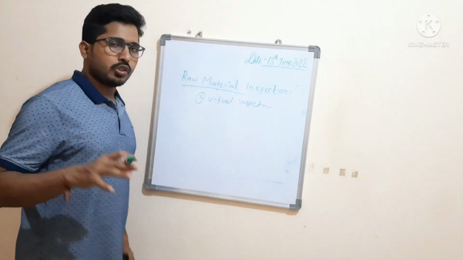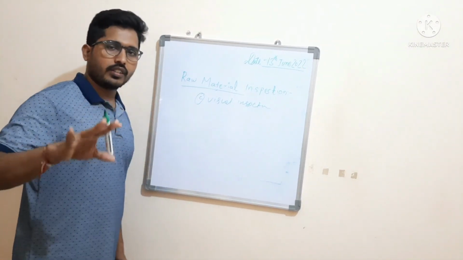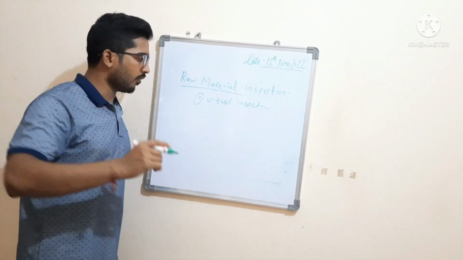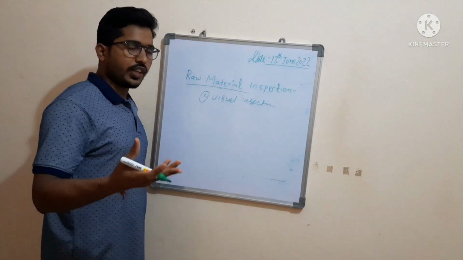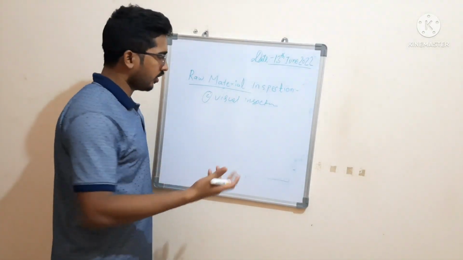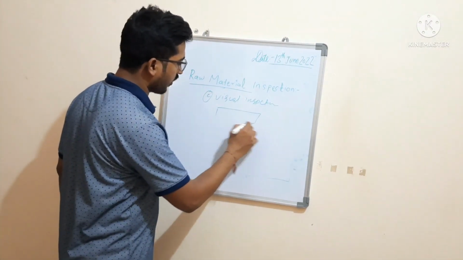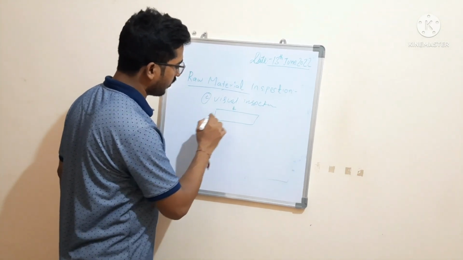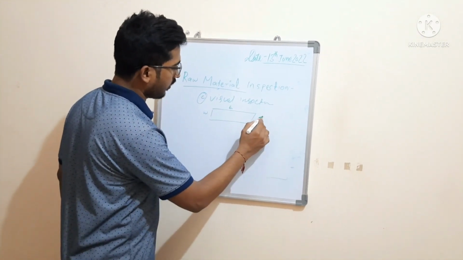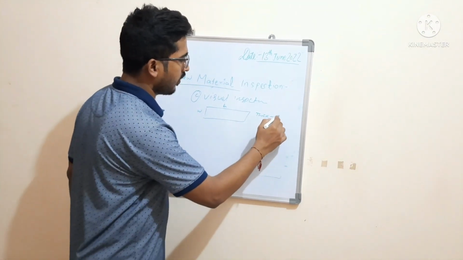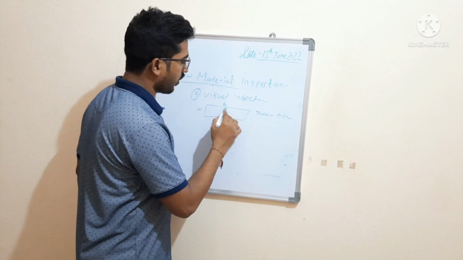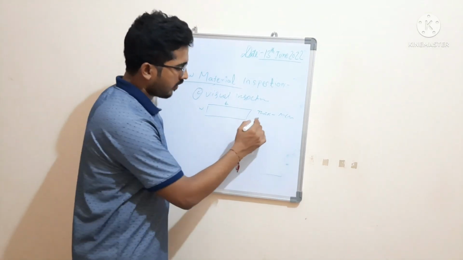In visual inspection, you physically check the length, breadth, width and thickness of the material with the help of a micrometer or measuring tape. You can check a plate's length, width and thickness. For thickness we use a micrometer, for length and breadth we use a measuring tape.